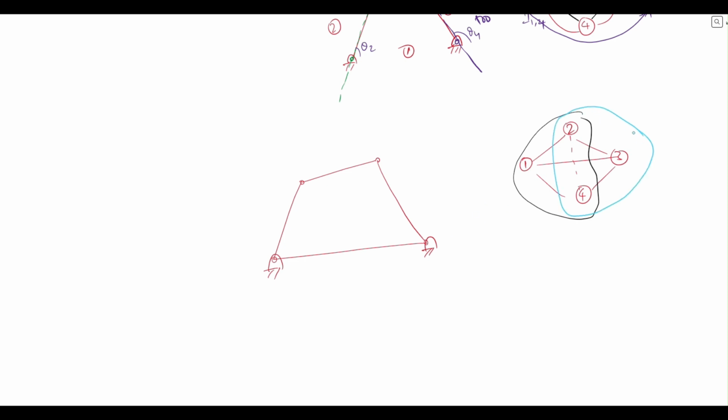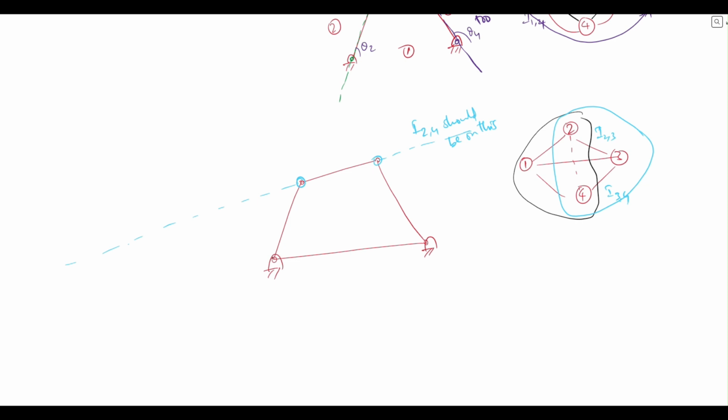We know 2, 3, we know 3, 4. So we must have the IC staying on some line like this. So I24 should be on this.